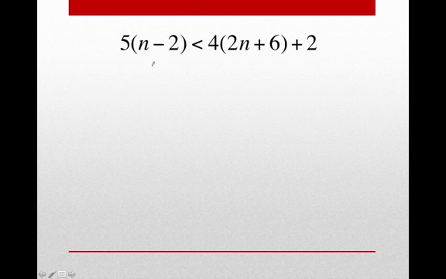Okay, and finally, a slightly more complicated question, but again, if I distribute and then make sure that I've combined terms so that I have no more than 2 things on either side, I should be able to solve this without any problems. Plus 24 plus 2. I still have 3 things over here, so I can't start moving anything around yet.